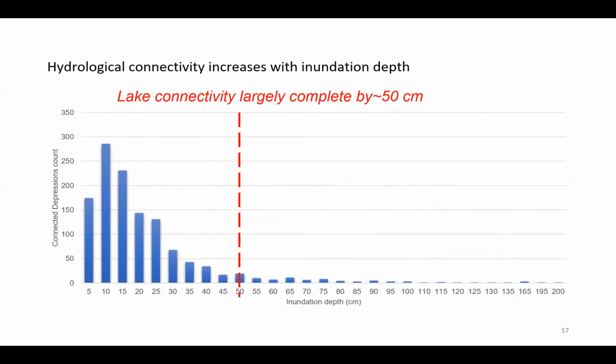And this is the graph of the count of connected depressions with increasing inundation depth. We can see that by 50 centimeters, most of the depressions are connected with each other.